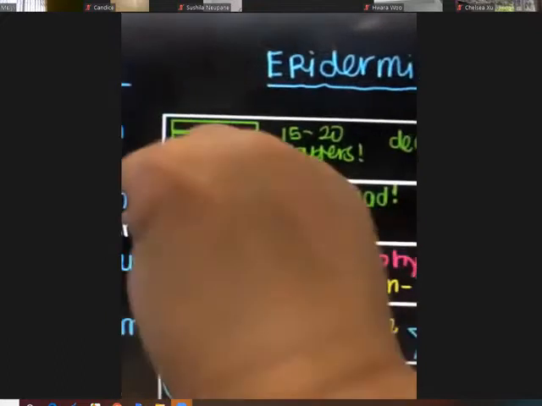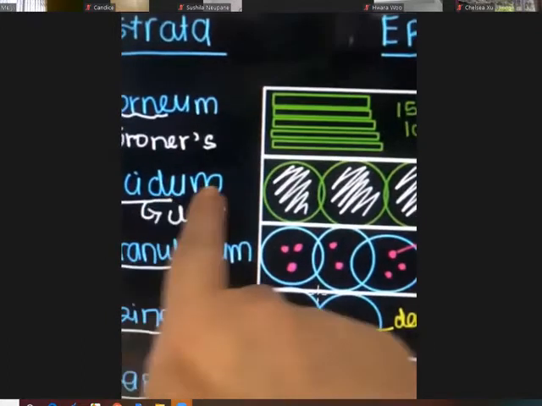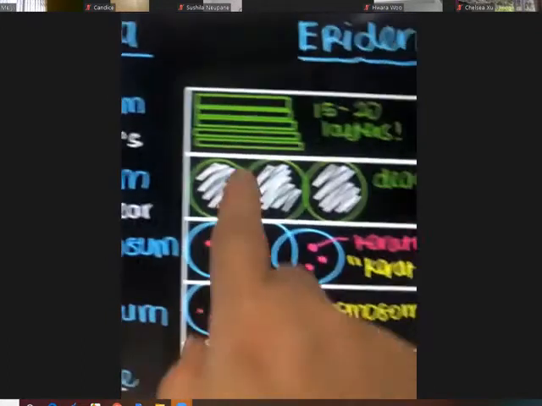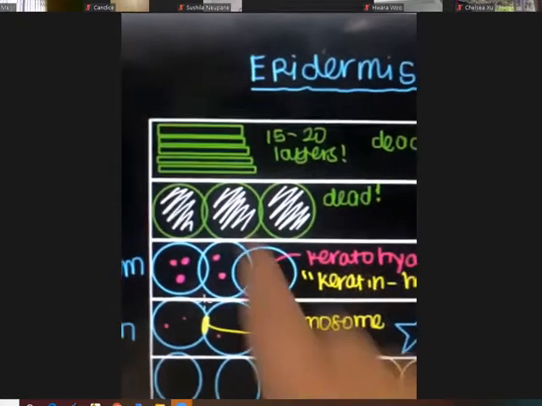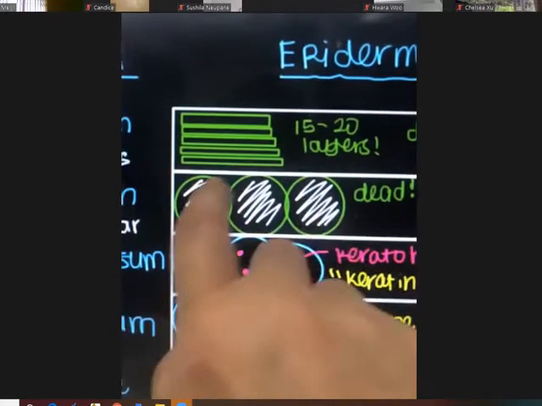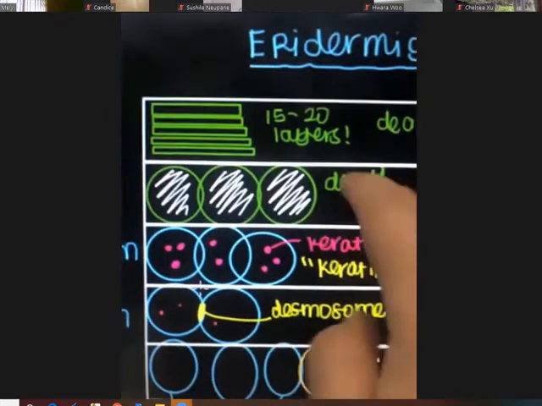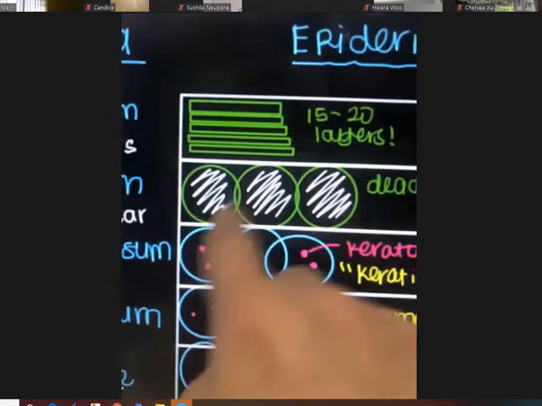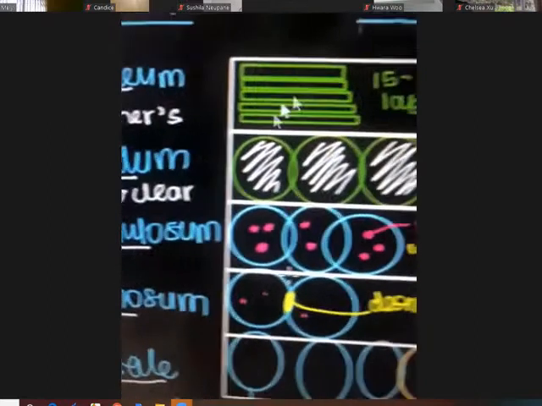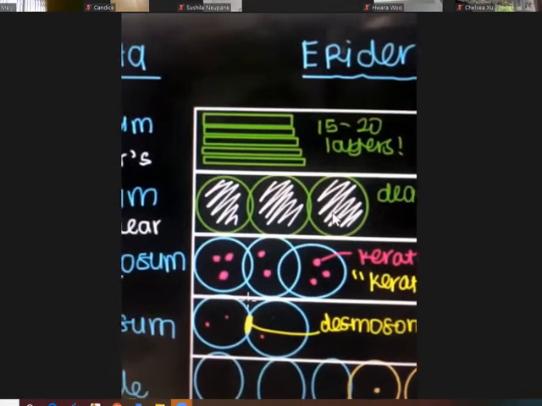Okay, so your second layer is the lucidum. It's clear cells. Why is it clear? Because it's already dying too. 你的第二层的细胞也已经将死的细胞，所以它变成透明。Okay, that's why it's called clear layer.